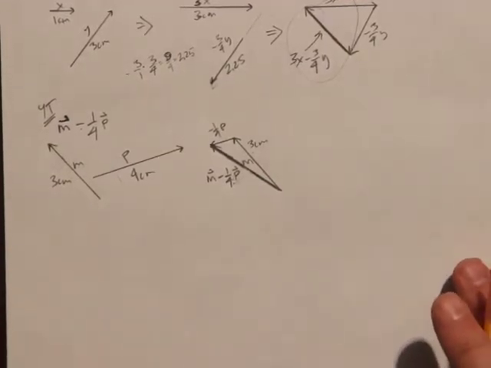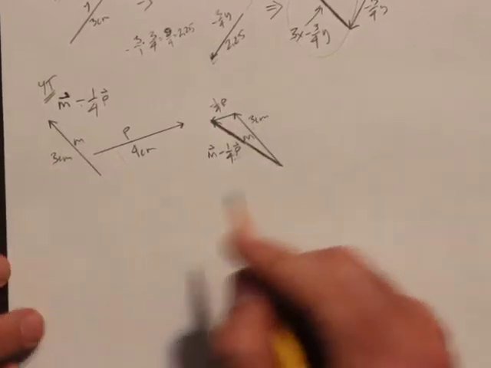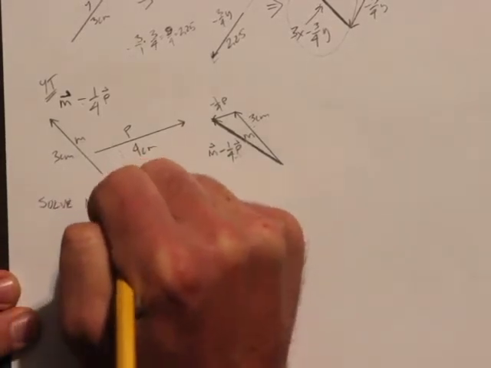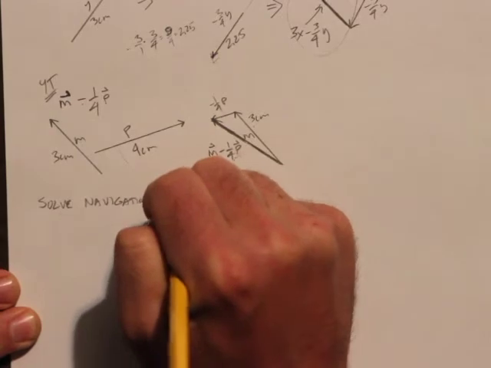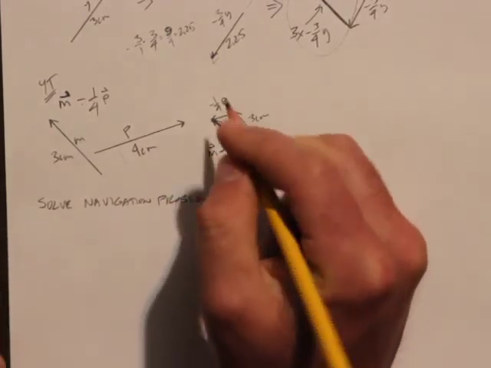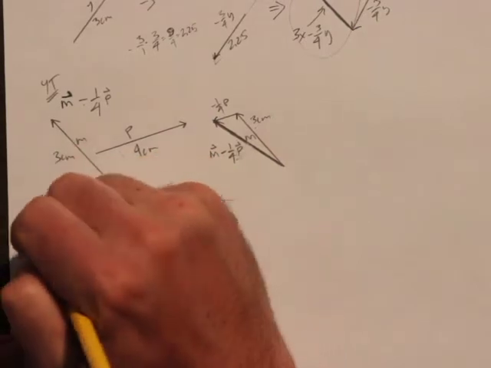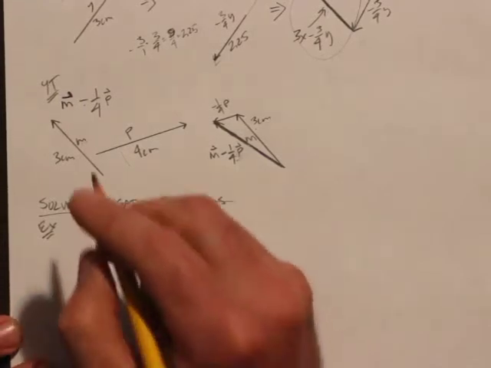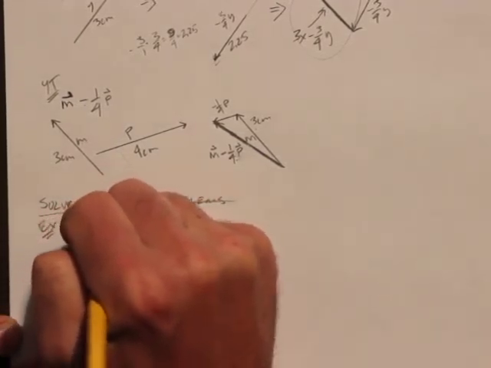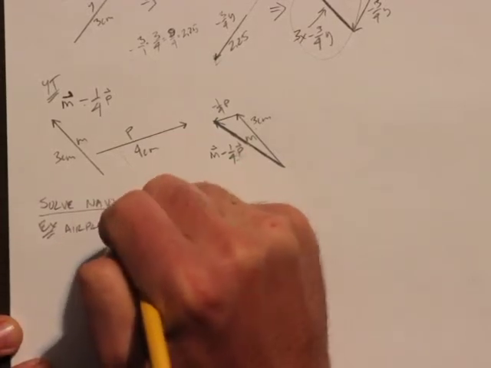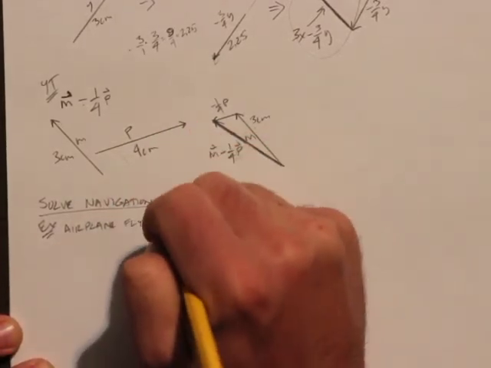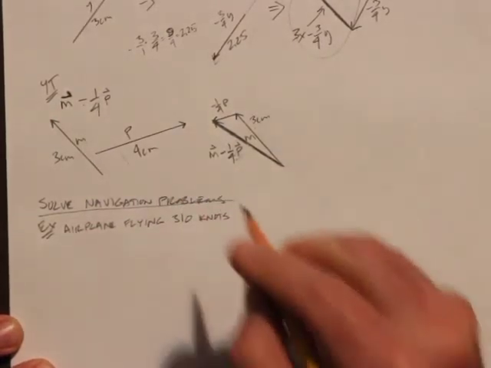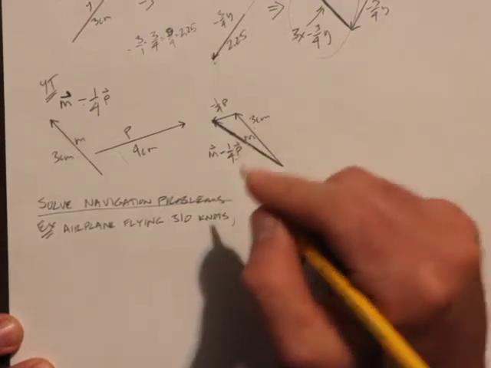Solve navigation problems. All right, so we have an airplane flying 310 knots, at a heading of 50 degrees.